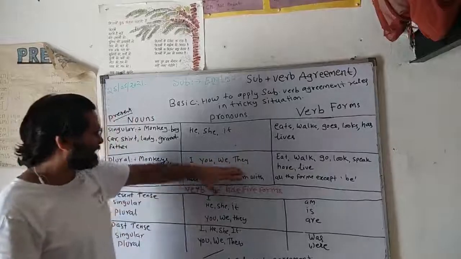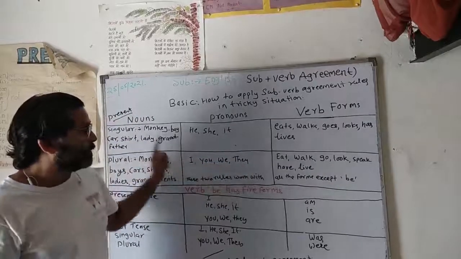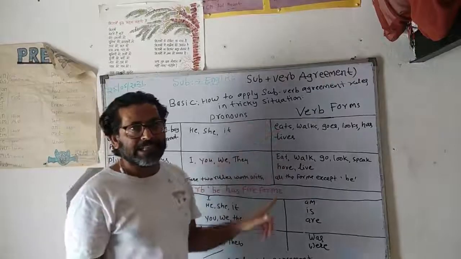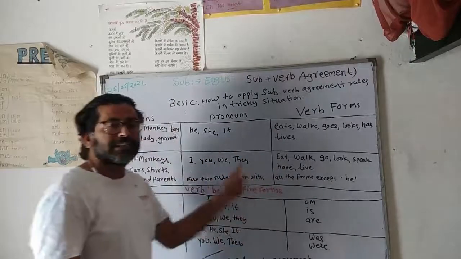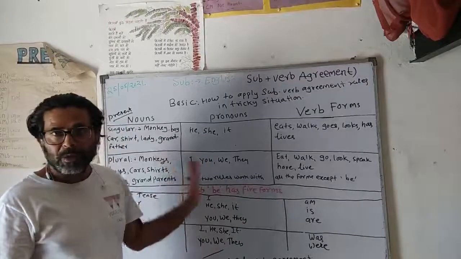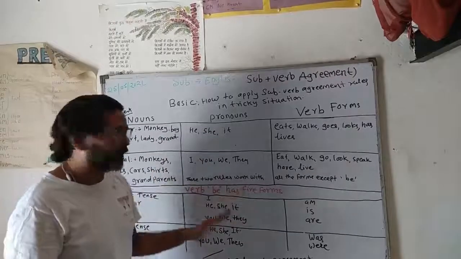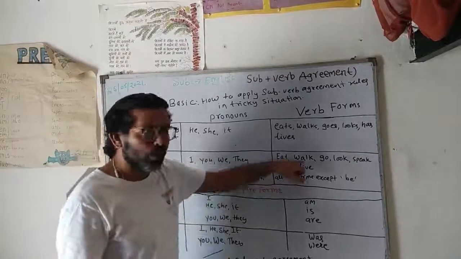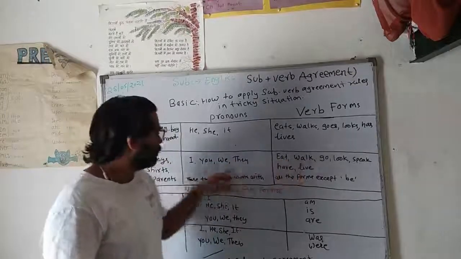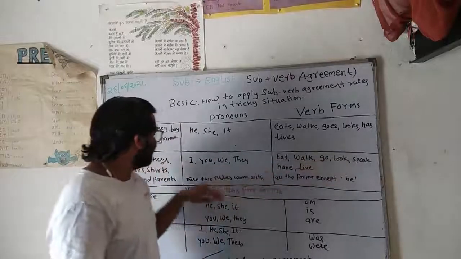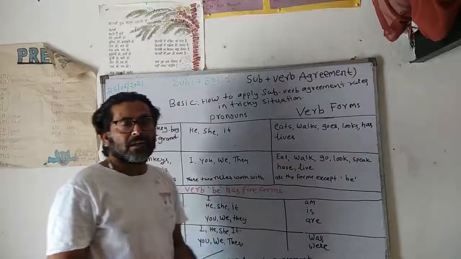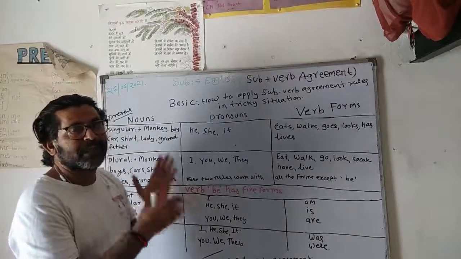For these, we use the main verb without adding s or es, because these are all plural subjects or plural pronouns. For example: I eat, you walk, we go, they look. This is how we apply subject-verb agreement.